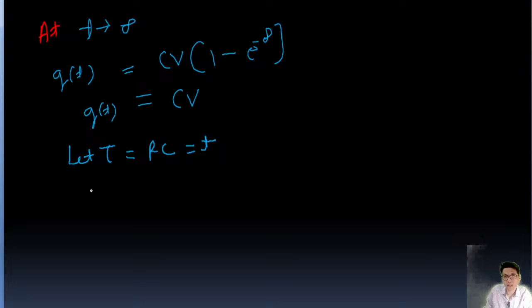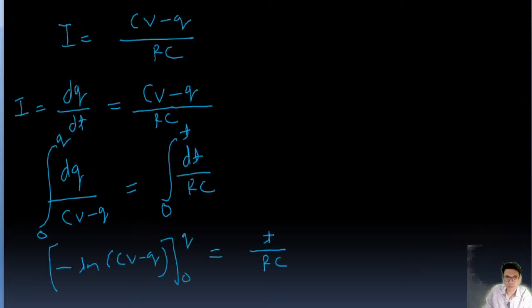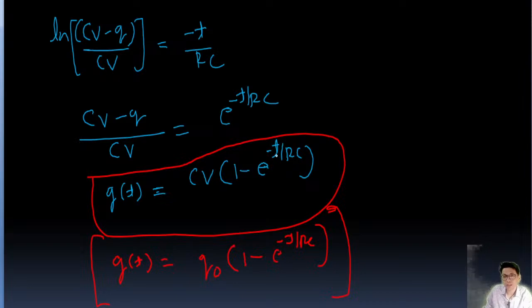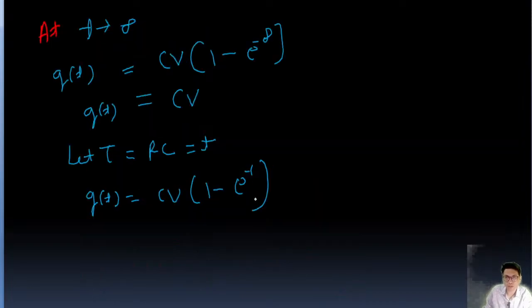So in that case qt is going to be CV into 1 minus e to the power minus 1, because t is this one, t and RC will get cancelled, that is e to the power minus 1.